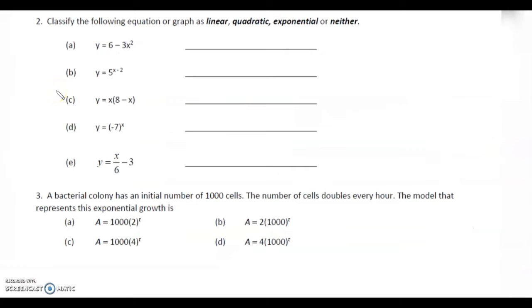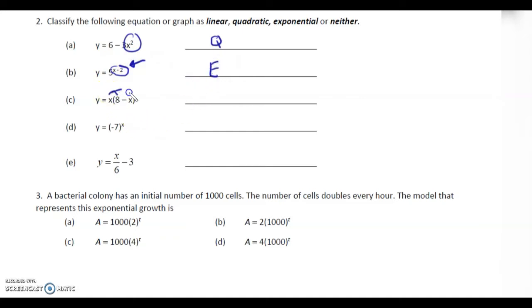Number 2, classify the following equations as linear, quadratic, exponential, or neither. When we have y equals 6 minus 3x squared, this tells us that it's quadratic, so I'm going to put a Q. When our variable x is in the exponent, it's exponential.